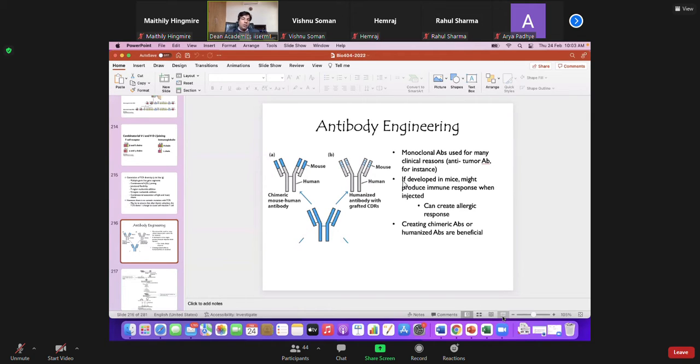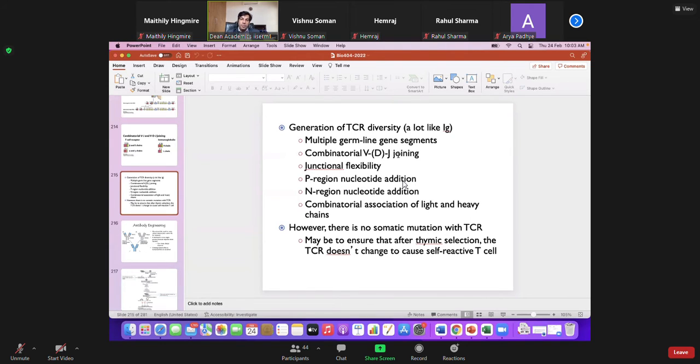We ended up discussing how you generate BCR and TCR diversity, right? Which involves having multiple germline genes, VDJ recombination, junctional flexibility, P and N region nucleotide addition, and eventually the combinatorial diversity provided by light and heavy chain to form the paratope.